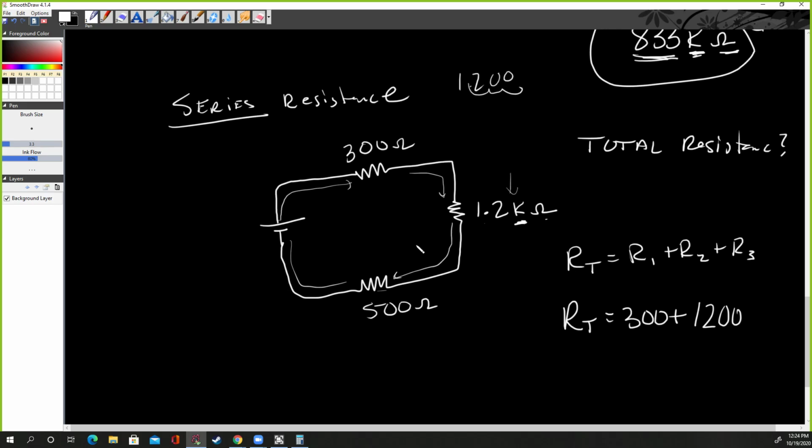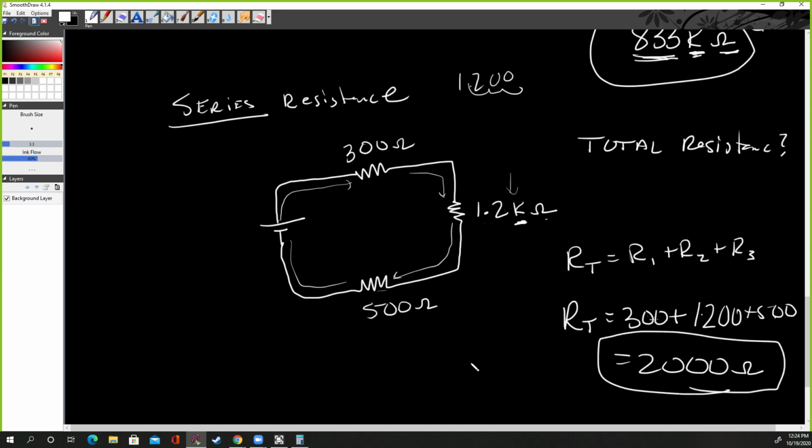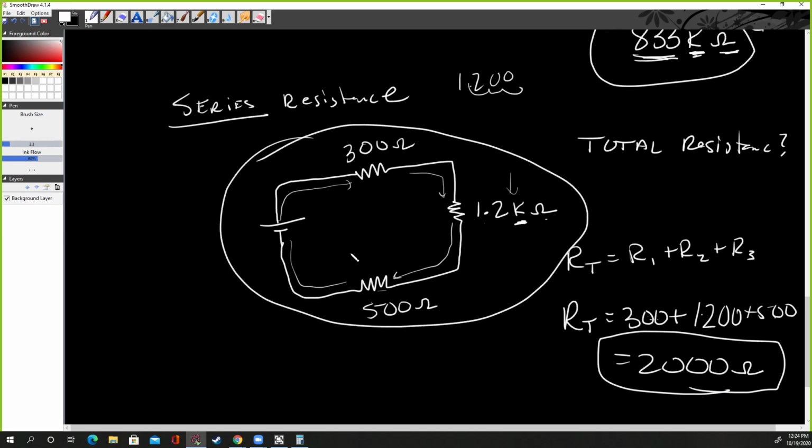So you add 2 zeros there. Plus the last one of 500. 300 plus 500 is 800, plus the 1,200 is equal to 2,000 ohms of total resistance. That's the total resistance for this whole circuit. You add it together, it's really simple. You just add them up.